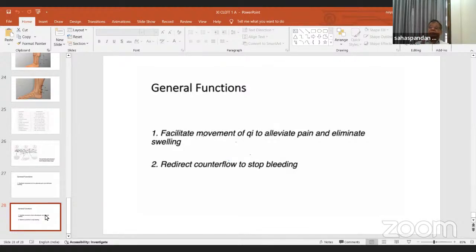The net result, somewhat counterintuitively, is an increase in channel circulation and actually reduced bleeding or bruising. This function often applies to the Xi-Cleft points of the yin channels, as these are the ones which tend to produce, direct and nourish the blood.